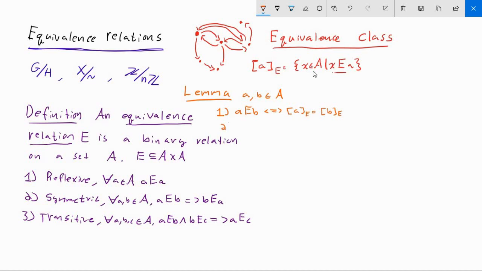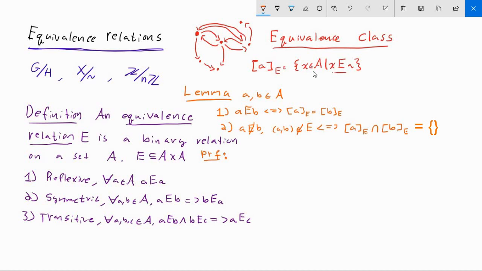And the second condition says that a is not related to b, which means the same thing as the pair (a, b) does not belong to E, if and only if the intersection of these equivalence classes is empty. We give a proof of this lemma now.